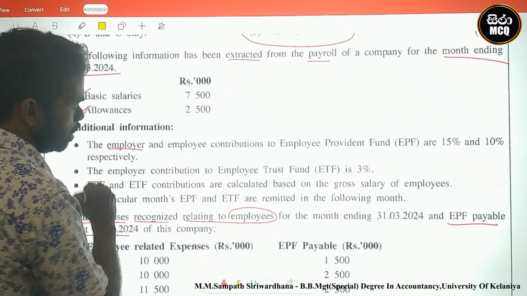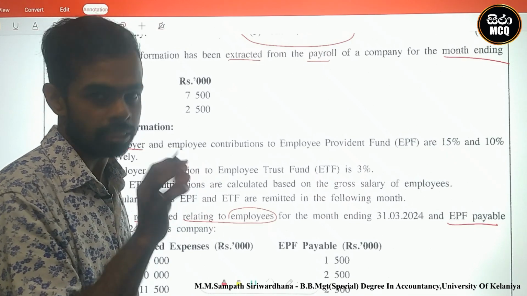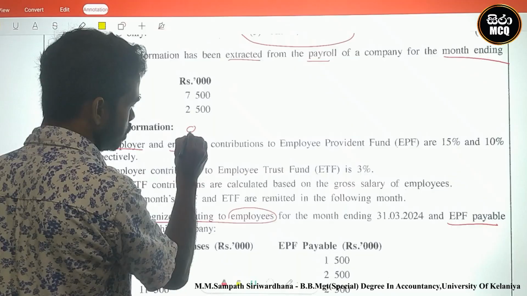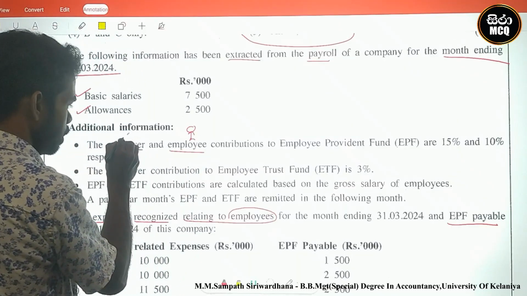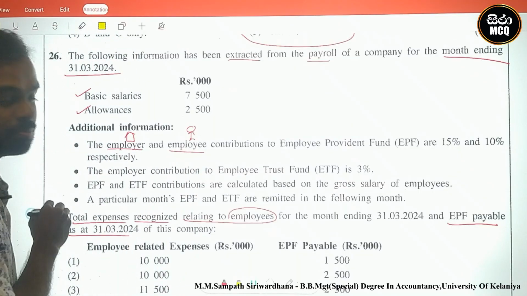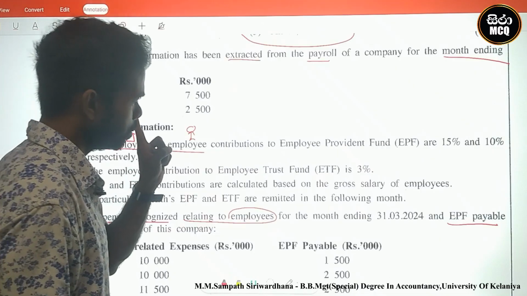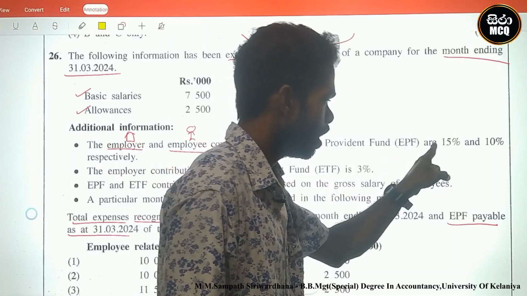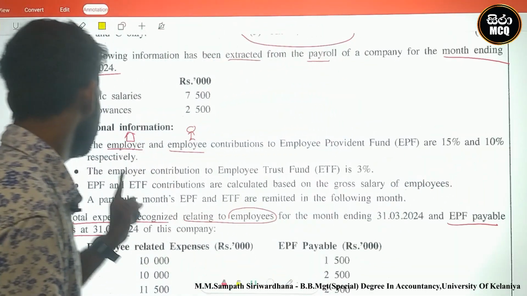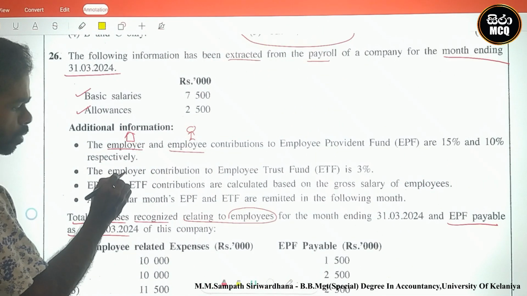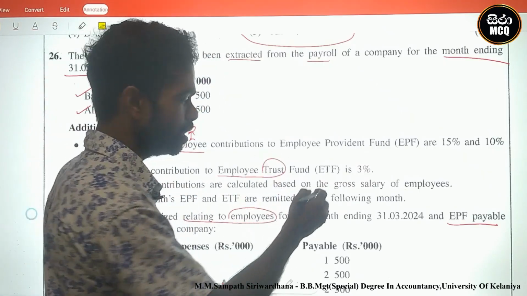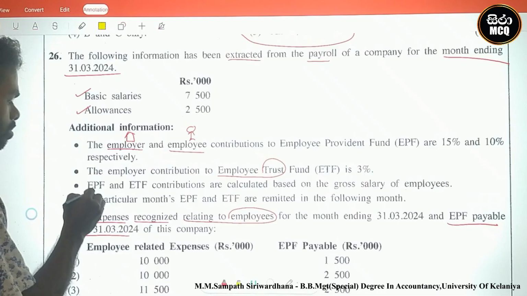Employer means the business, and employee means employee. Employer and employee contribution to the employee provident fund, EPF, are 15% and 10% respectively. Employer contribution to the employee trust fund, ETF, is 3%.